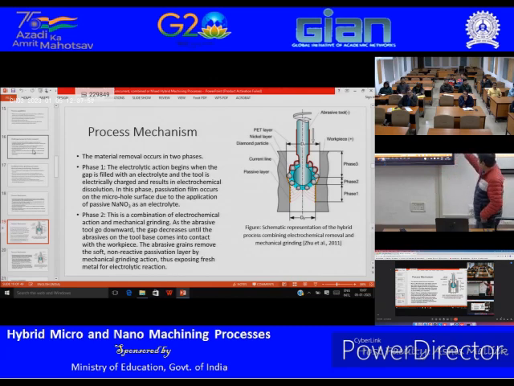The abrasives are actually removing that passivation film. Also, some electrochemical dissolution is happening together. As the abrasive tool goes downward, the gap decreases until the abrasive on the tool base comes into contact with the workpiece.